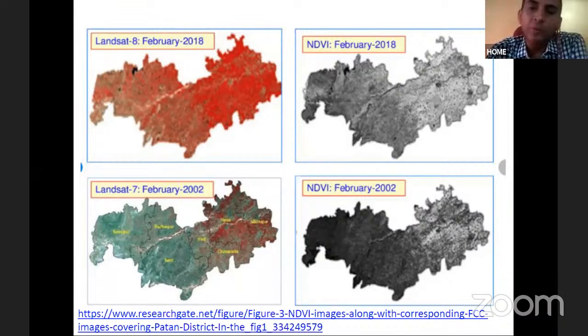In the NDVI output file, one of them will be at the opposite end of the shades. If white is forest, then non-white, or black, is your non-forest. So don't get confused, thinking that vegetation appears in black. Vegetation may come in black, or it may come in white. But if vegetation is in black, then non-vegetation will be in white. If vegetation is in white, then non-vegetation will be in black. Exactly opposite. Okay.